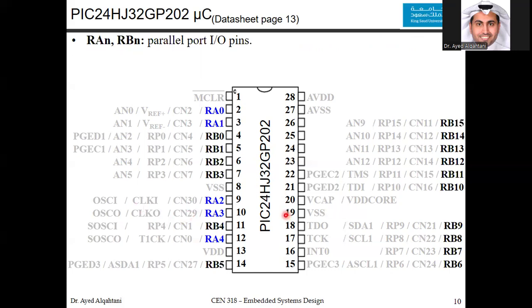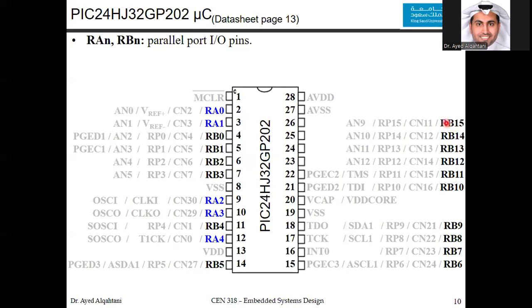We have also here the GPIO, which is what we will discuss in detail in this talk. As you can see here, we have two ports, A, the blue one, and B, the black ones. The first port, A, has 5 bits, 0, 1, 2, 3, and 4, while B has 16 bits, starting from 0 all the way to 15.